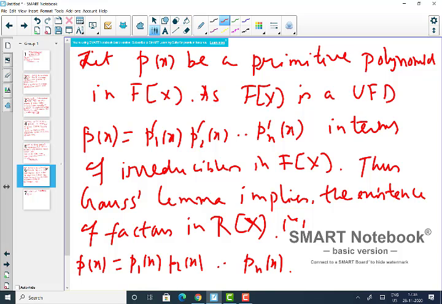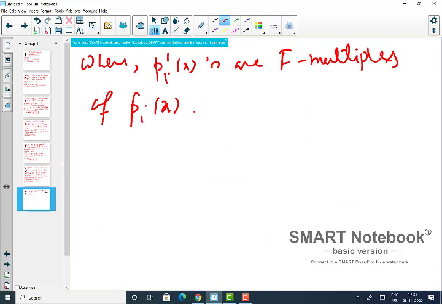That said that if you have a polynomial which is irreducible inside F[x] and primitive, then it is also irreducible inside R[x]. Now can you say P1, P2, ..., Pn are primitive? This is obvious. Why?